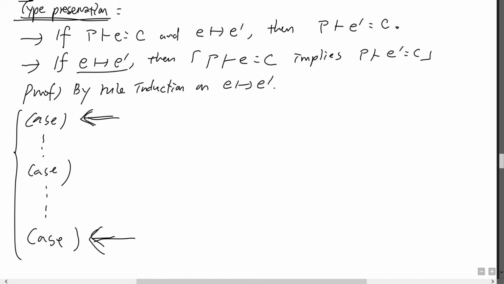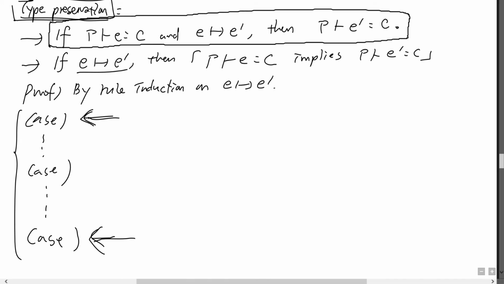The rationale is, we are trying to prove this statement, the type preservation. We believe that this statement is true, rather than refuting it, believing that it is false. Perhaps this statement is provable. So we are trying to establish its truth.